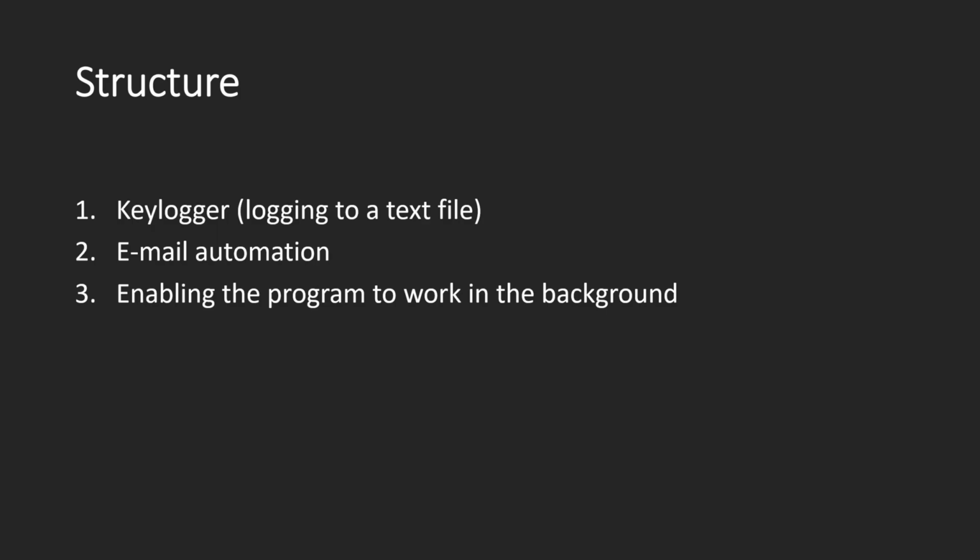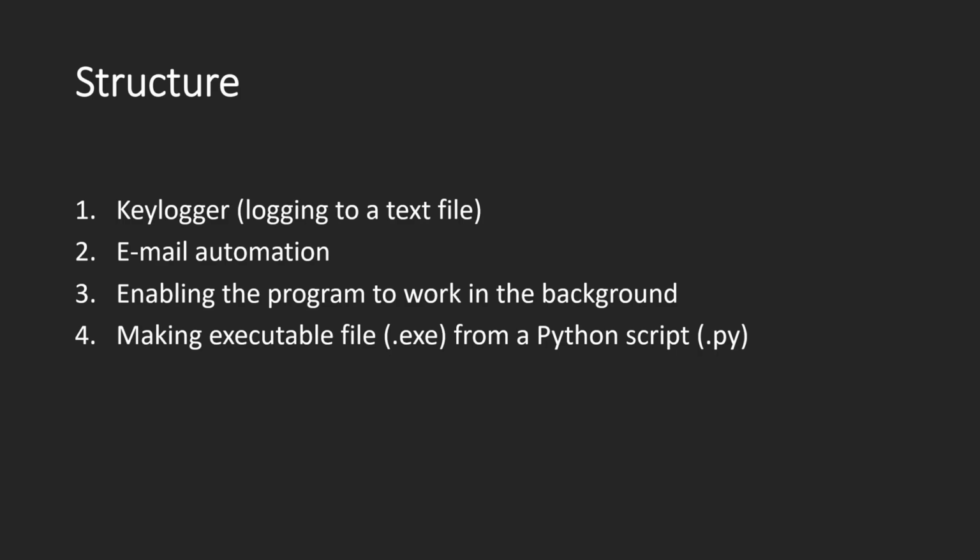Because of that we will be able to see how easy it is actually to hide a software from a human's perspective. And 4 is going to be making an executable file from a Python script. So basically when you have an installation file, it's always an executable file which you can install. This makes life pretty easy for us.